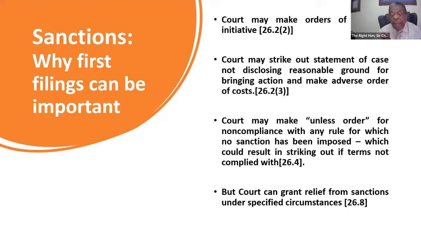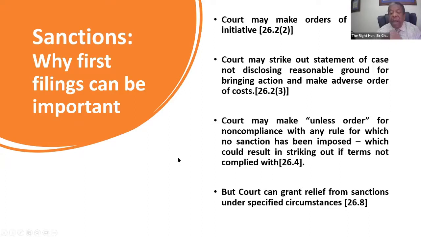So for example, in part 26.22, the court has power to make orders of its own initiative. The court may strike out a statement of case that does not disclose a reasonable ground for bringing the action, and may make adverse orders as to costs.